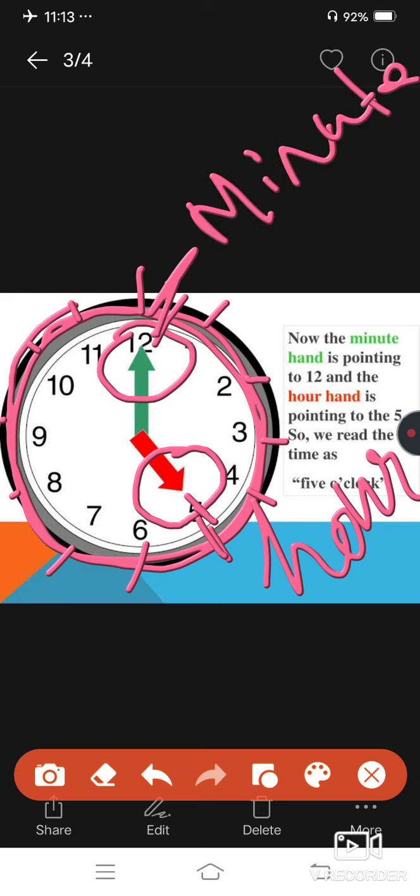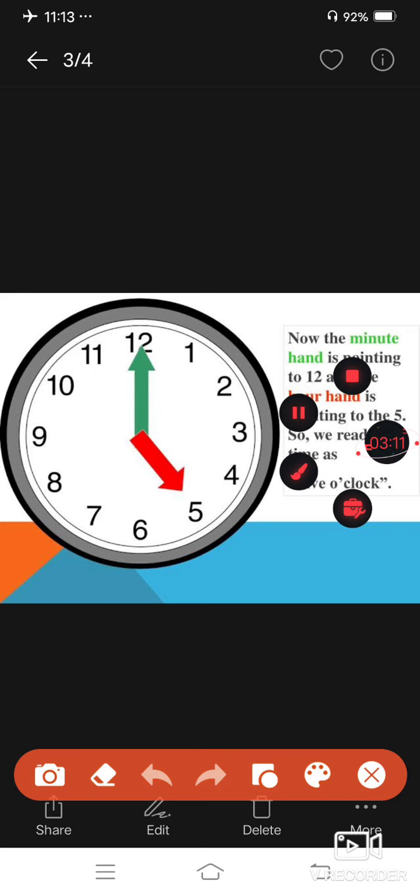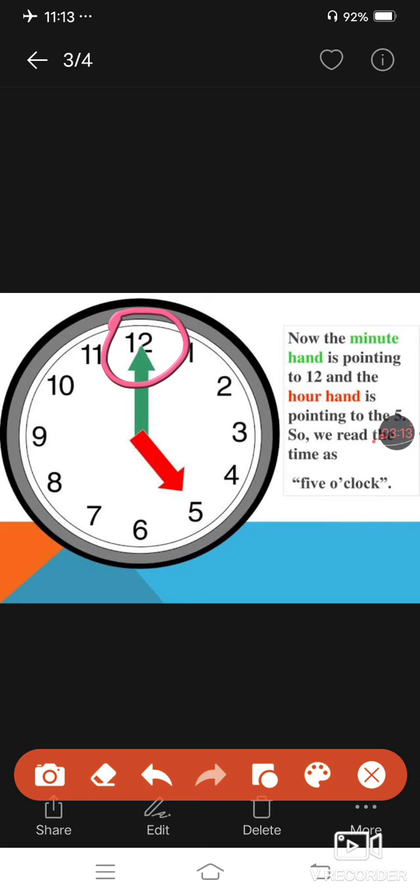Now look at this clock. In this clock, the long hand is pointing at 12 and the short hand is pointing at 5.